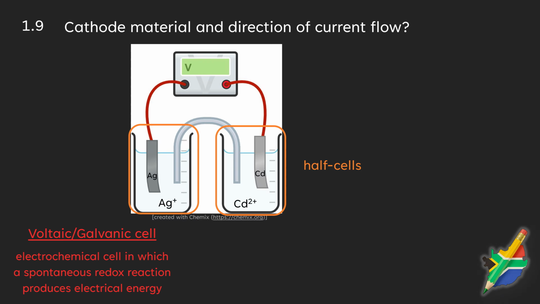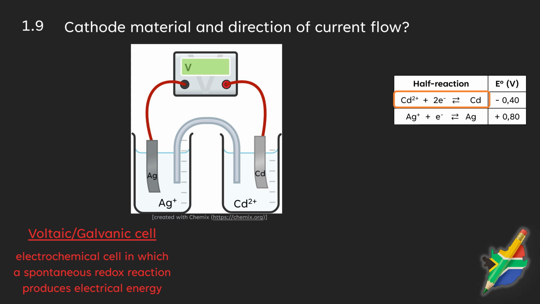We can use the data sheets to work out the half cell in which oxidation occurs and the half cell in which reduction occurs. On the table of standard reduction potentials, we can find the half reaction for the reduction of cadmium ions to cadmium and the half reaction for the reduction of silver ions to silver.